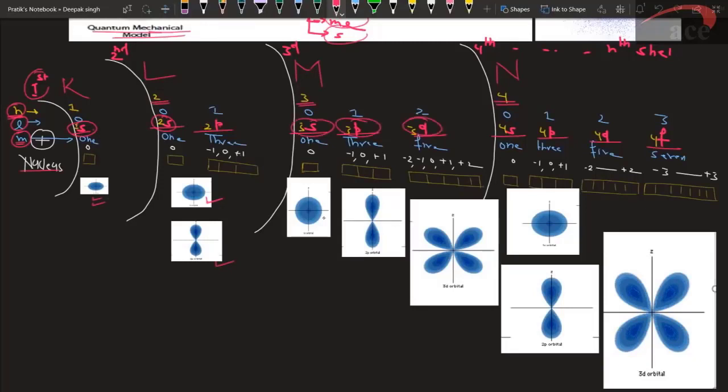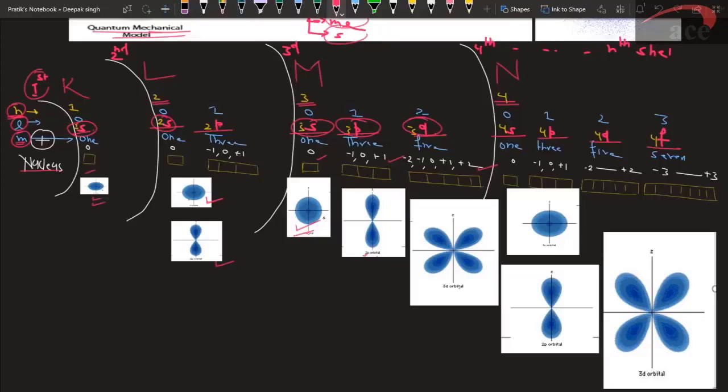So the s subshell has 1 orbital, the p subshell 3 orbitals, and the d subshell 5 orbitals. You can see now the 3s spherical electron cloud is larger than 1s and 2s. Now this 3p is larger than 2p, and 3d is larger than 2s, 3s and 3p.